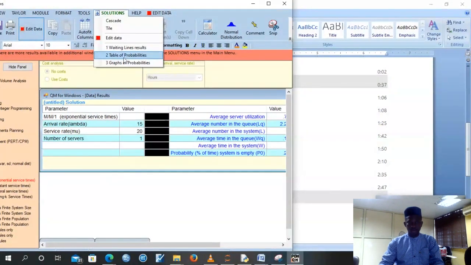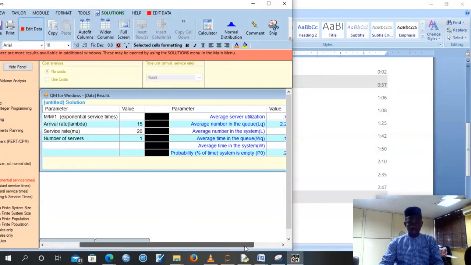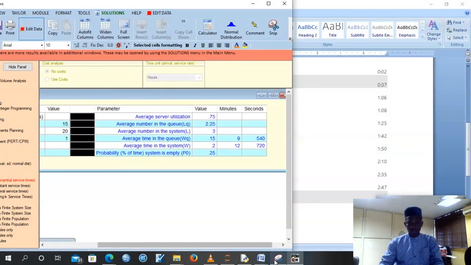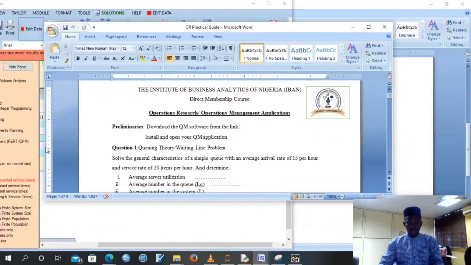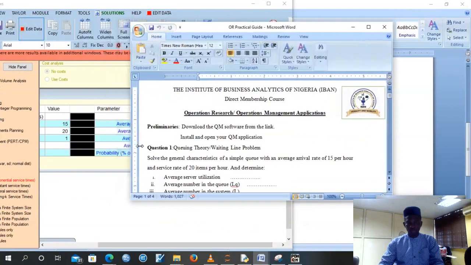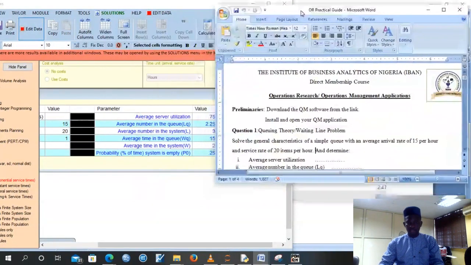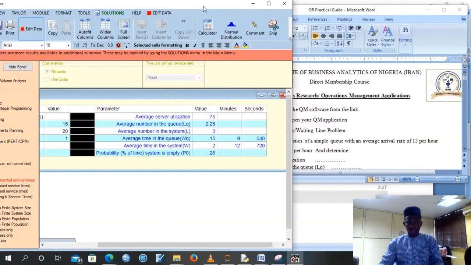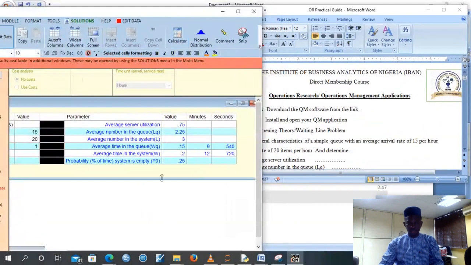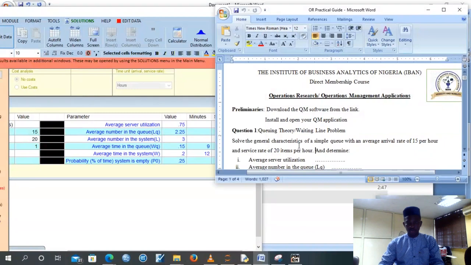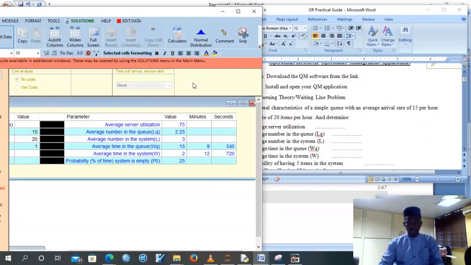For example, under the solution, you have the table of probability and graph of probability to see others. From our question here, the first part is to determine the average server utilization. All these are directly observable from the first part of the result. Average server utilization is 0.75. Average number in the queue, LQ, is 2.25.